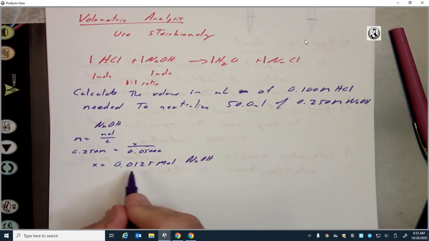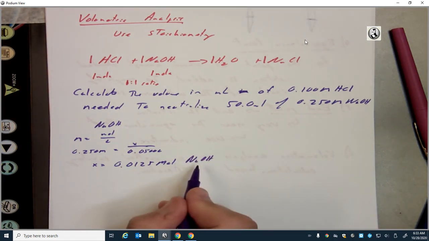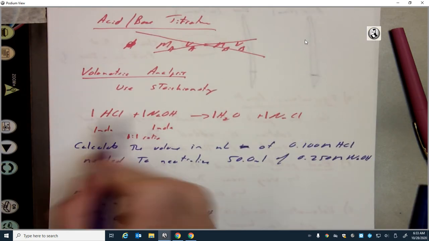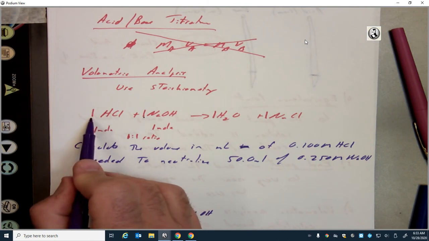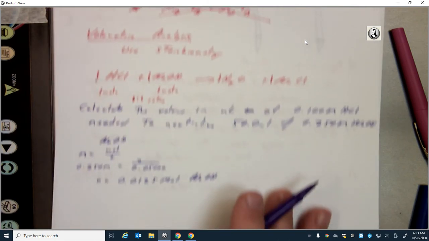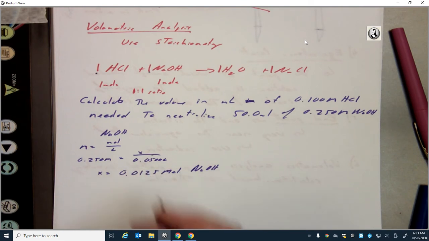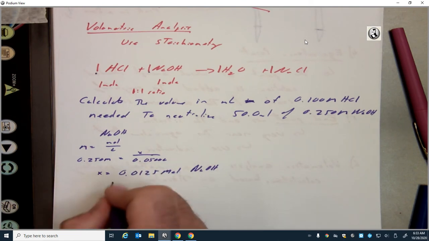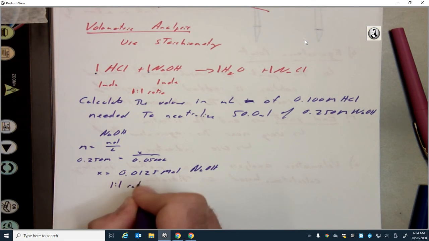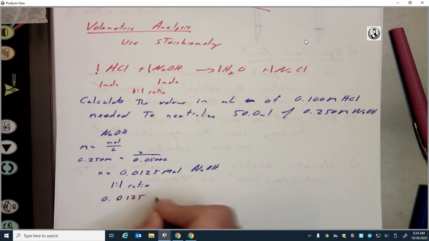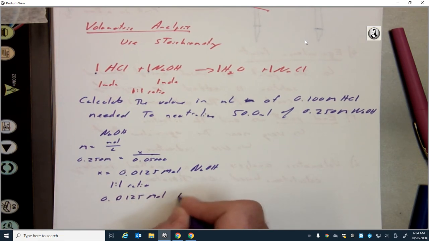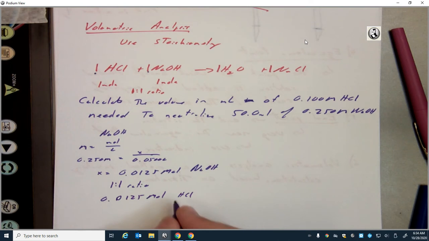So we use 0.0125 moles of NaOH. Now remember, if we look at this stoichiometric ratio, for every 1 mole of this, we neutralize 1 mole of HCl. Since this is a 1-to-1 ratio, that means I have 0.0125 moles of HCl. Now I can turn this back into liters.